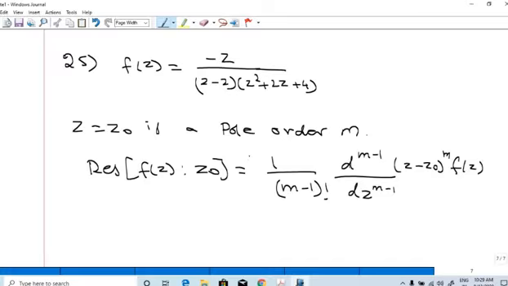After that you have to take the limit z goes to z naught. Now here it is a pole of order 1, therefore m should be 1, where z naught equal to 2.